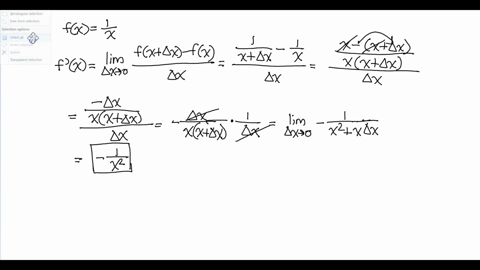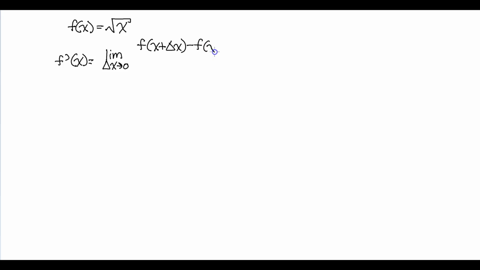There's a final type of function that you can use this for, although it's even trickier than all of these. The radical function. So let's have f of x equal the square root of x. To find the derivative f prime of x, we just take the limit as delta x approaches 0 of f of x plus delta x minus f of x over delta x.